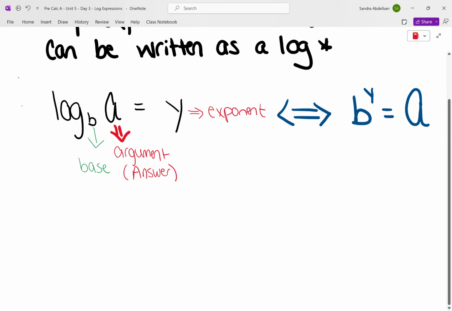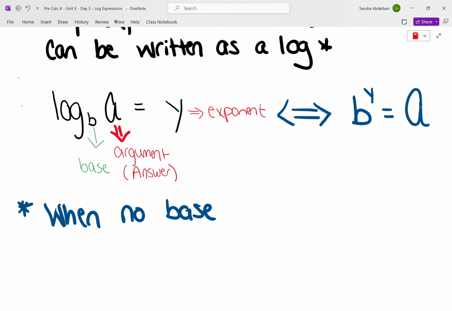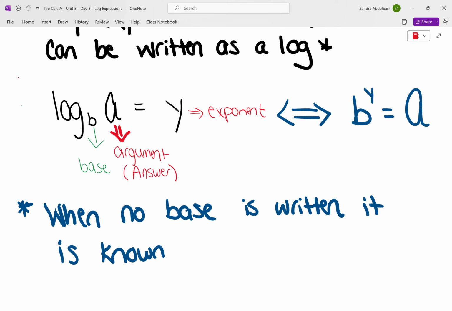Does anybody remember if there's no base written, what number is implied as the base? Not 1, no. That was a good guess, though. 10, you got it. So let's write that down. When no base is written, it is known to be a base of 10.